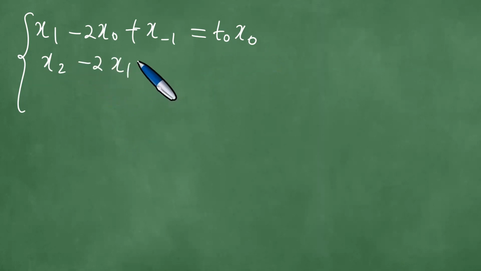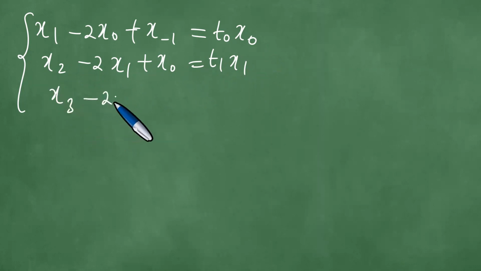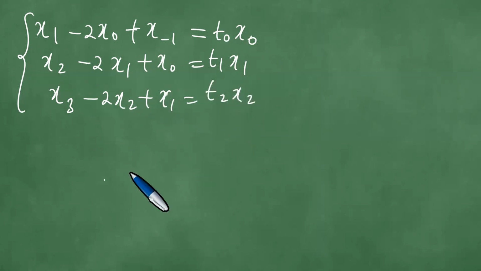Then x1 minus 2x1 plus x naught equals t1 x1. And x3 minus 2x2 plus x1 equals t2 x2.